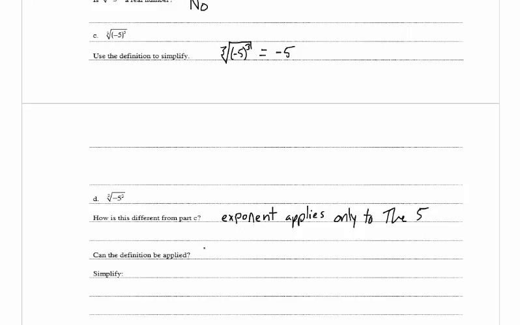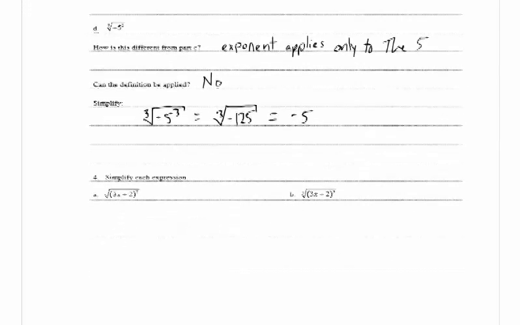And the answer is no. So if we want to simplify, we have the cube root of negative 5 cubed, which is equal to the cube root of negative 125, which is equal to negative 5.